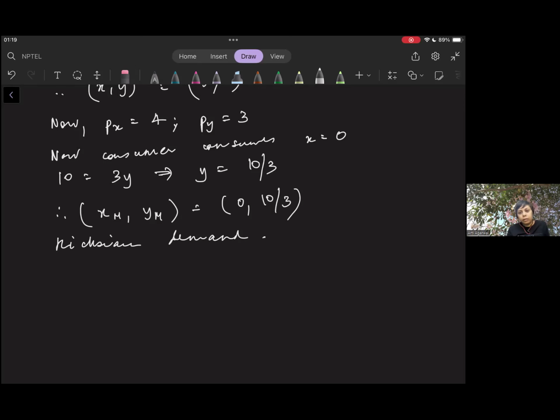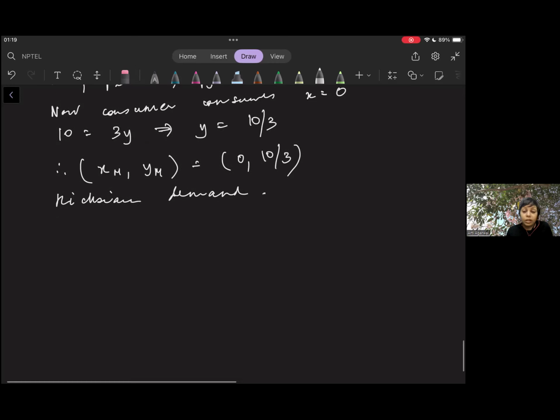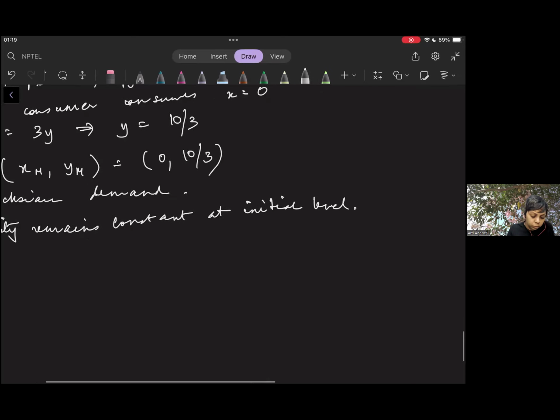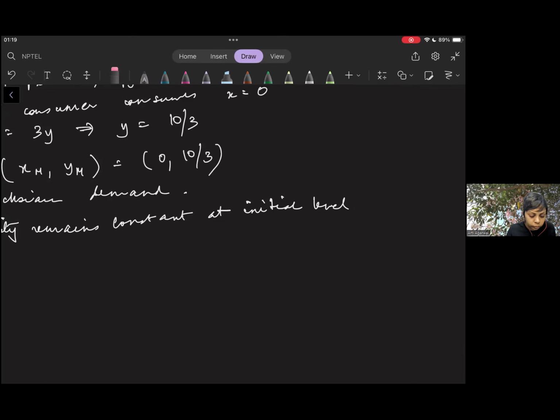Now in Hicksian demand, what is unique is that you hold the utility level constant at the initial level. So let's call that u bar.